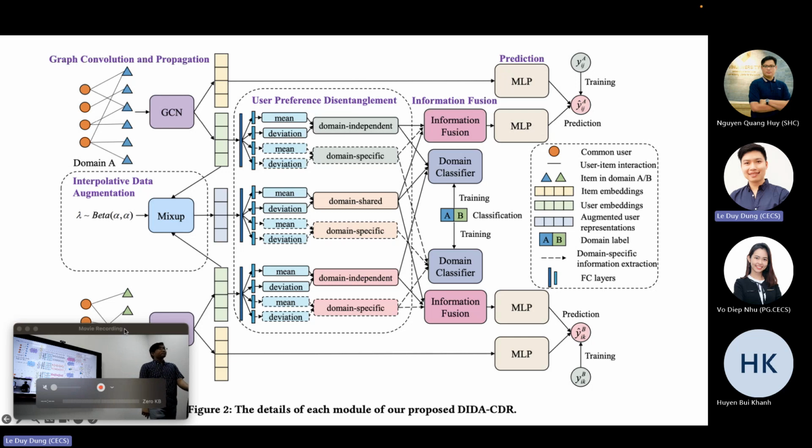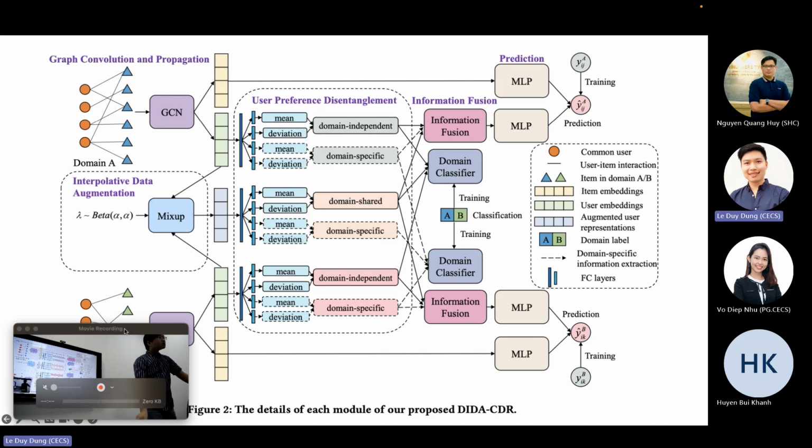So we have four loss functions: the first two are the two domain classifiers, and the second two are the prediction from each domain platform, right? Yes, each domain. And these four functions combine together and create the backpropagation down to the graph convolutional part.